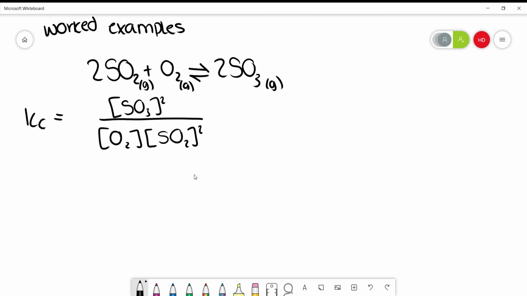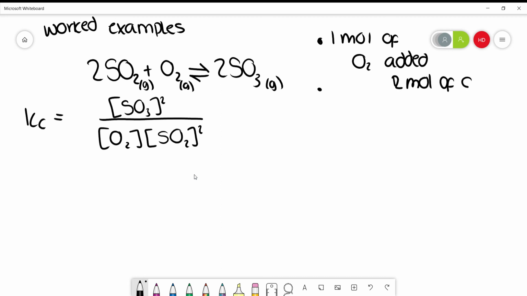Square brackets mean concentration, and when we talk about Kp next week, we'll talk about partial pressure, and that will be round brackets. So remember to use square brackets. The question will say 1 mole of O2 added, 2 moles of SO2, right?